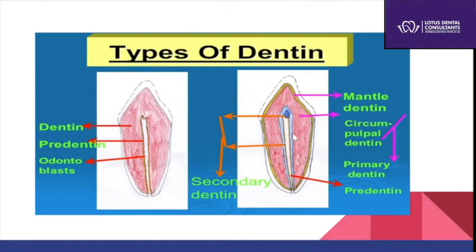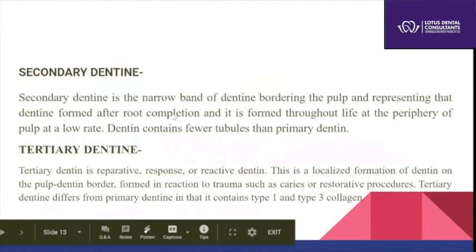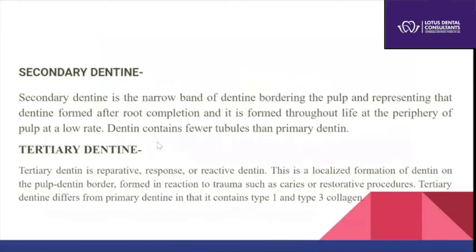It is important because the cells responsible for laying down the dentine, the odontoblasts, usually migrate from the pulp. When they migrate from the pulp, they keep laying down dentine surrounding the pulp. But it is called secondary dentine because it is made after the root completion. Any confusion?